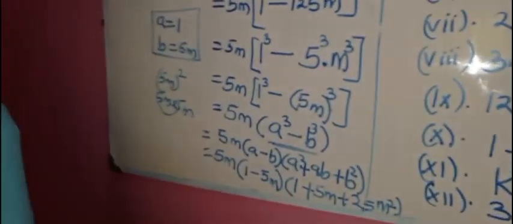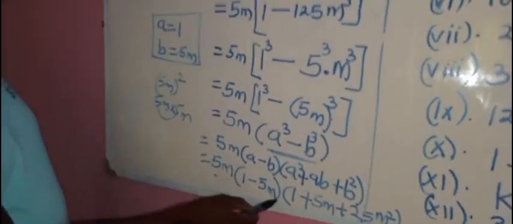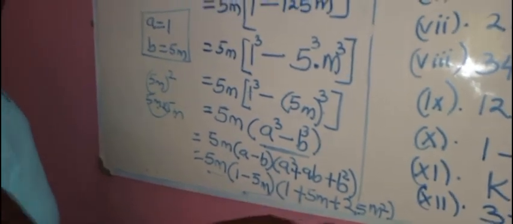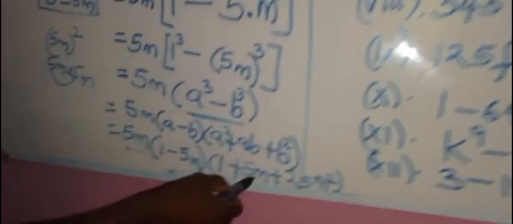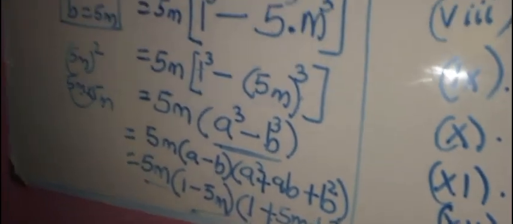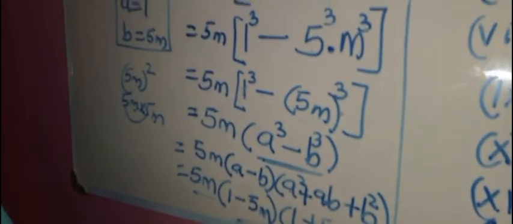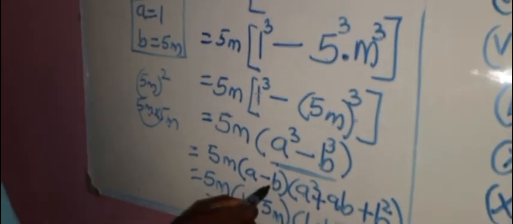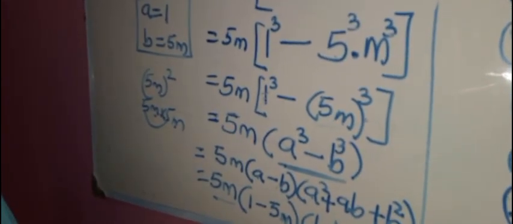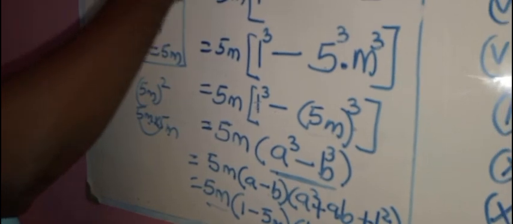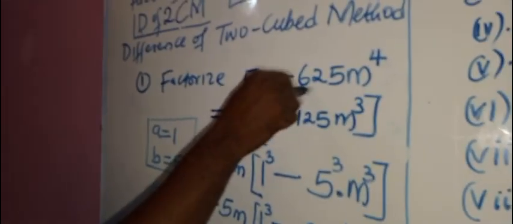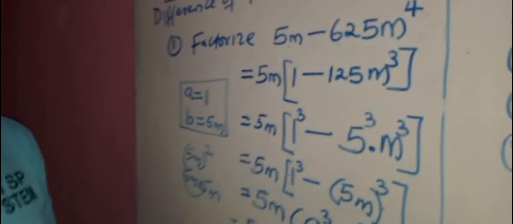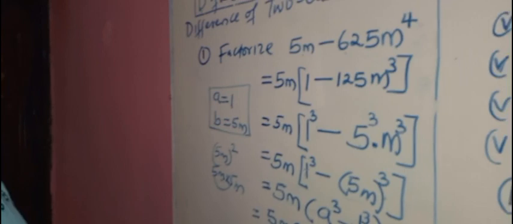So the factors are this: 5m minus 1, and 25m squared plus 5m plus 1. 5 times 5 is 25, m times m is m raised to power 2. I told you the other time that anywhere you see something squared, it is quadratic. So this is linear, this is quadratic, and all these are the factors of 125m raised to power 3 minus 1.